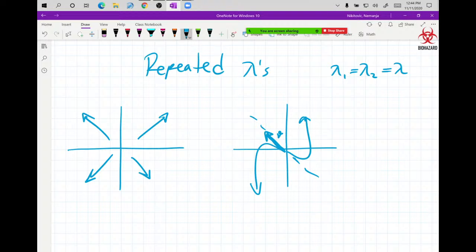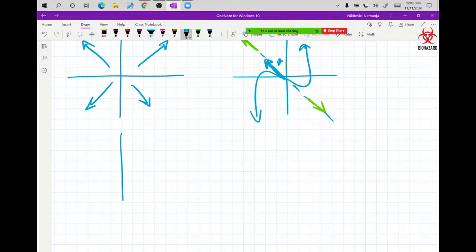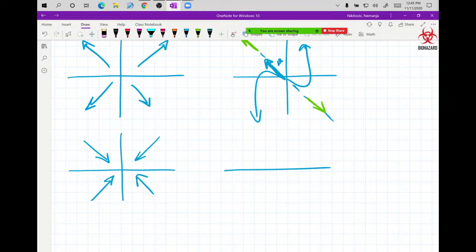But then you will have, and this is now the problem for me to draw, so I'll have to use a different color, another solution going in the direction of the eigenvector. So that's for the sources, and you have the same thing for sinks. Again, we did not learn repeated ones, so this might mean nothing to you until you learn some more of the basics before you can look at the graphs and try to make sense out of this.